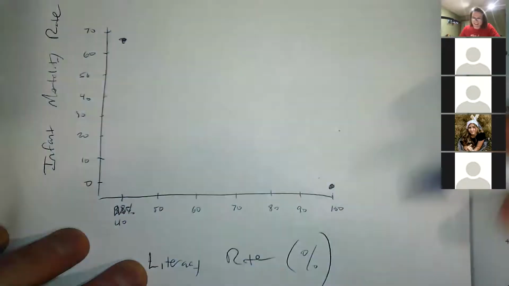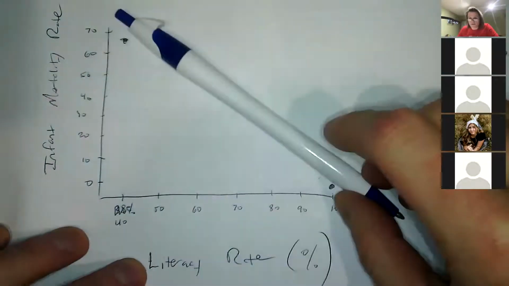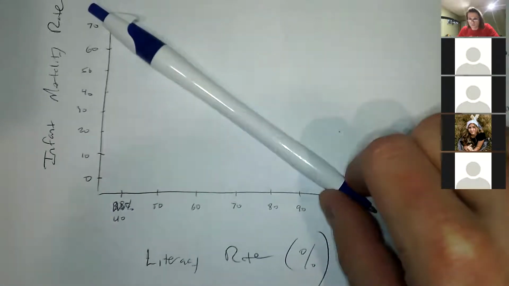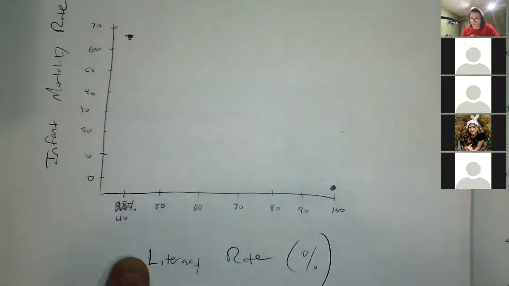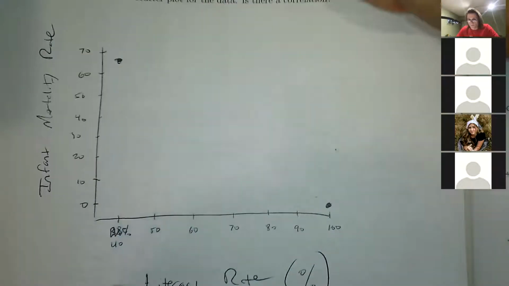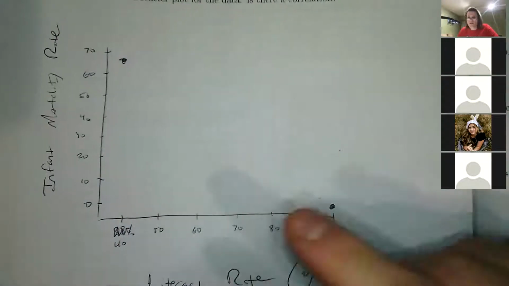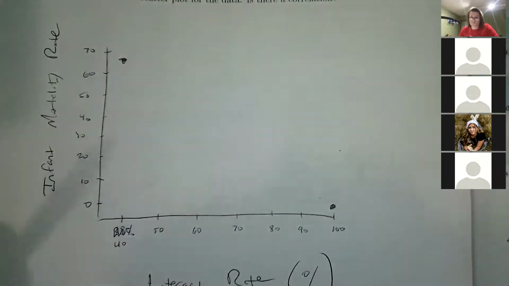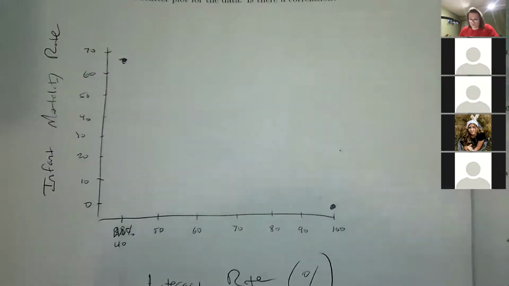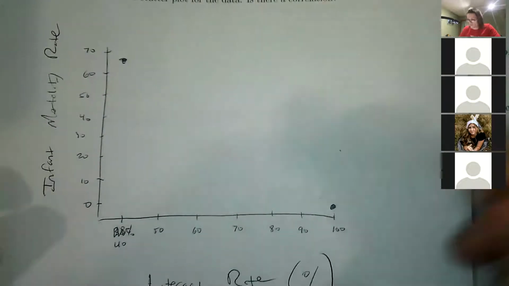If you connect them, your intuition might tell you that there's going to be a negative correlation, because as literacy rate increases, you'd expect the infant mortality rate to go down. Presumably a country with a high literacy rate is more developed or has more resources, and they're able to have better medical infrastructure and stuff like that, so as to reduce the infant mortality rate.